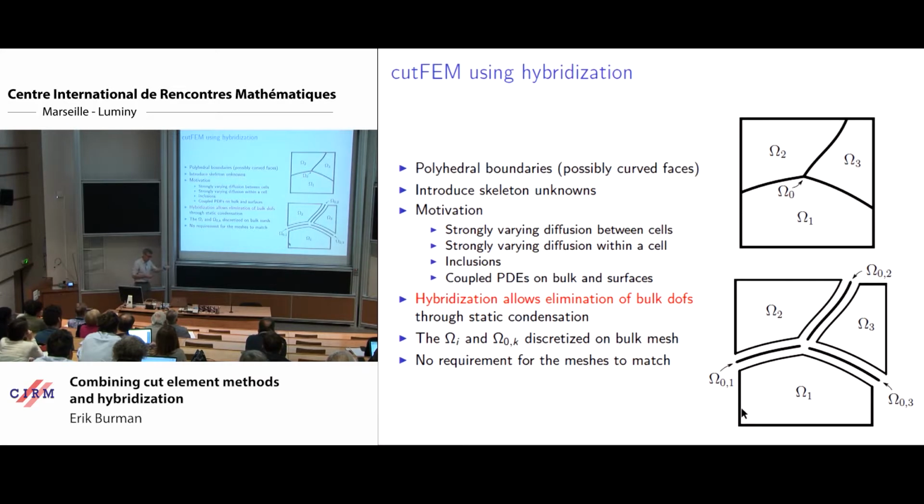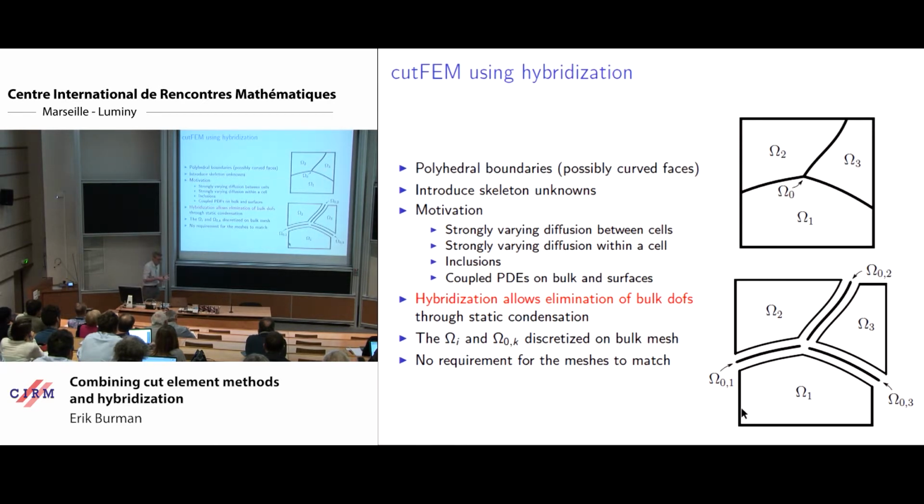And I showed you the fictitious domain part before, but we also have work on how to discretize PDEs on surfaces in a robust way using a similar technique. So it seems like a reasonable idea to combine these two into a framework where you can compute both in the bulk and on these surfaces.